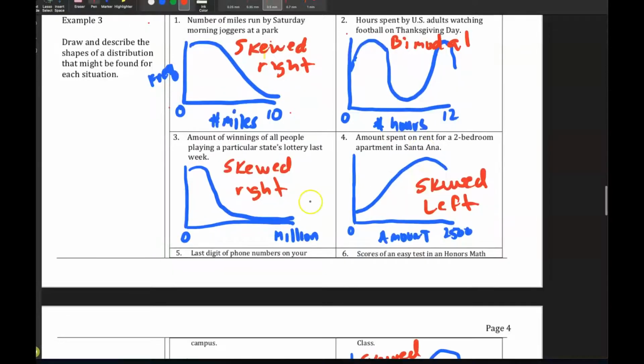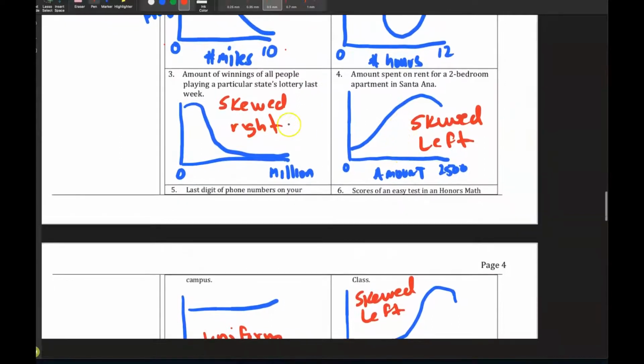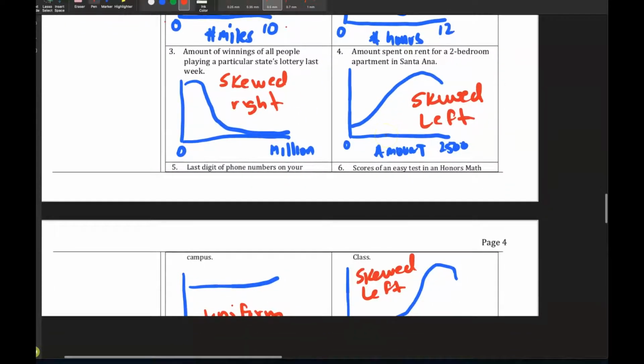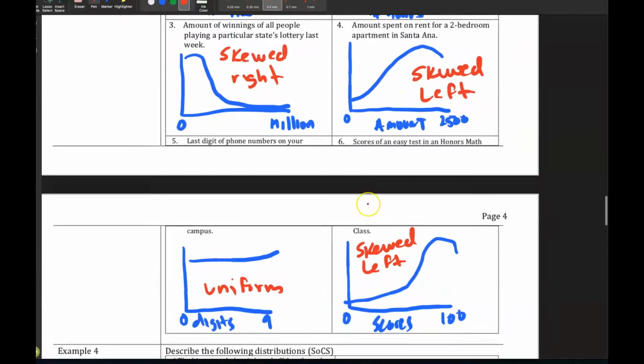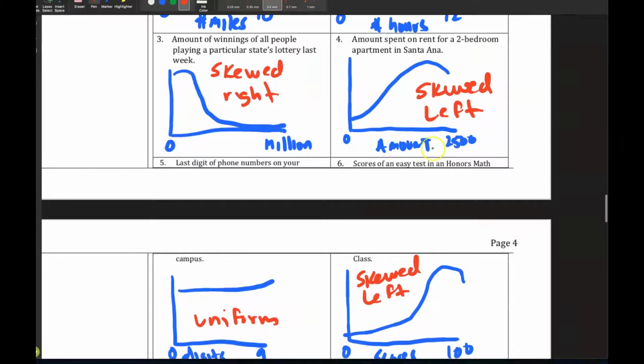And so looking at these other ones, you'll see these distributions are, in my opinion, based off my real world experiences, thinking about why these variables would have these distributions. So I want you to consider that, right? So take a look at those 2, lottery winnings and rent of a 2-bedroom apartment in Santa Ana. Continue to think about distribution as the amount, right?